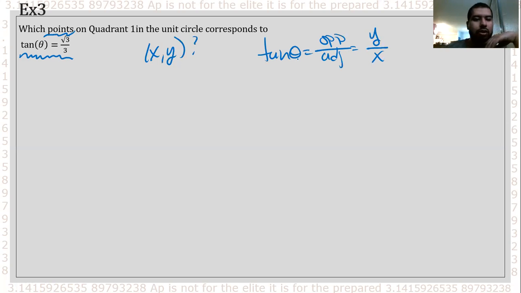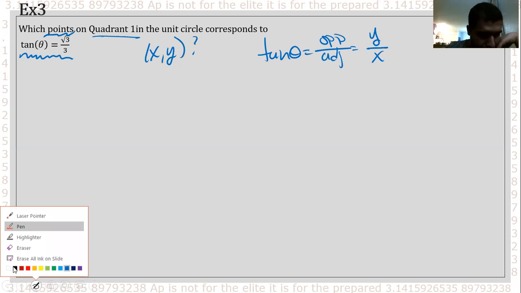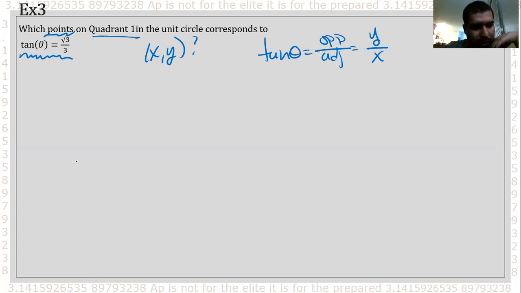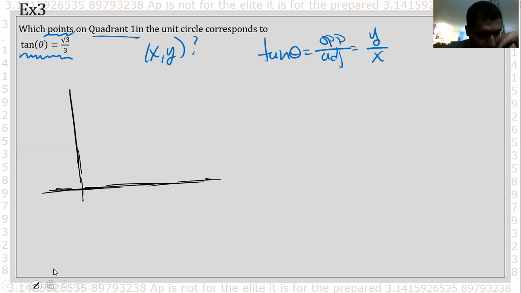Okay, so we're only talking about stuff in quadrant 1. So let me draw my quadrant 1 nice and big. I have something like this, right? And my quadrant 1 is going to be all of these points right here that I'm going to check.